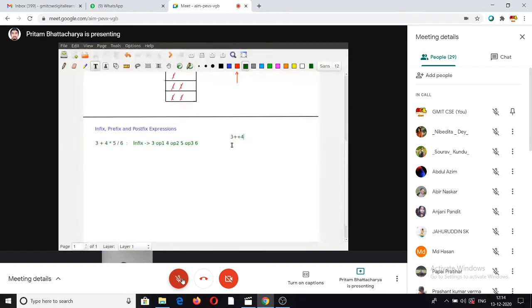In general, if we write an expression like this, it makes no sense. Or even something like 3 plus star 4 makes no sense. So no two operators can usually come side by side. They each need to be separated by at least one value in between. Okay.